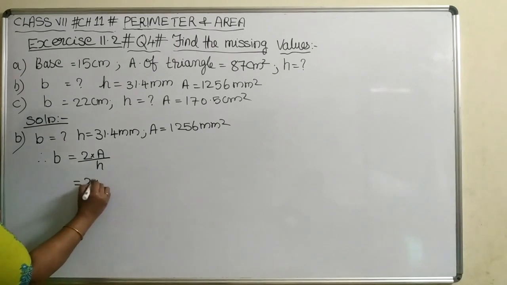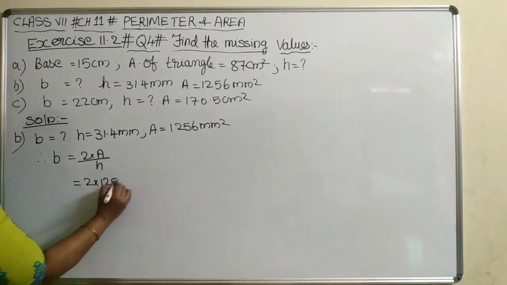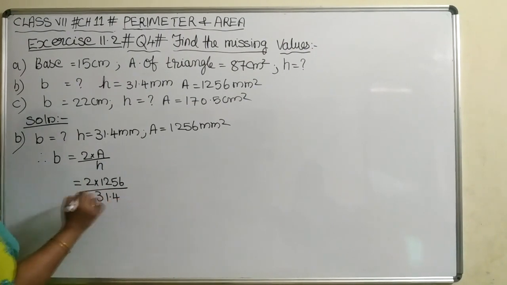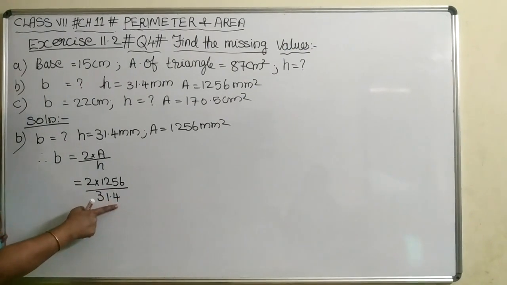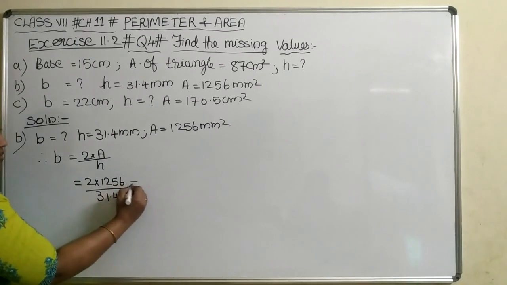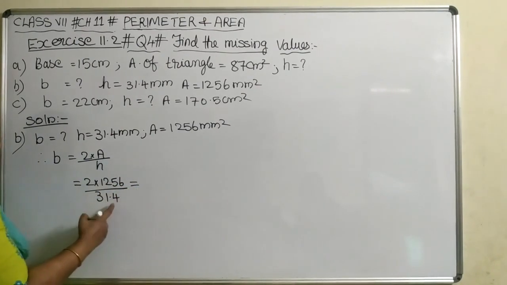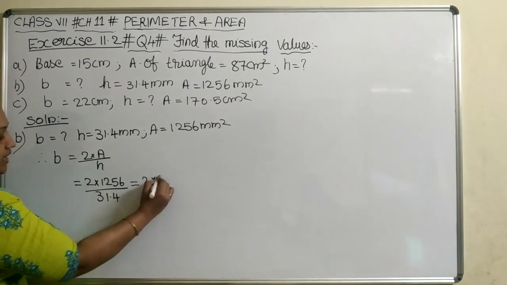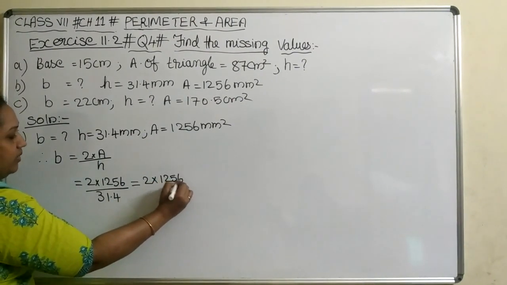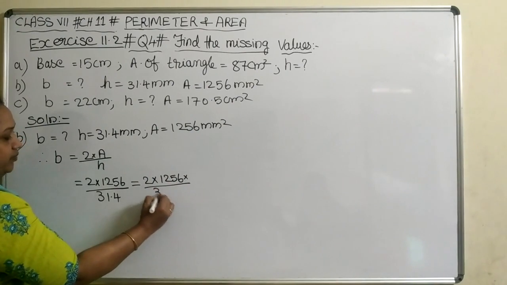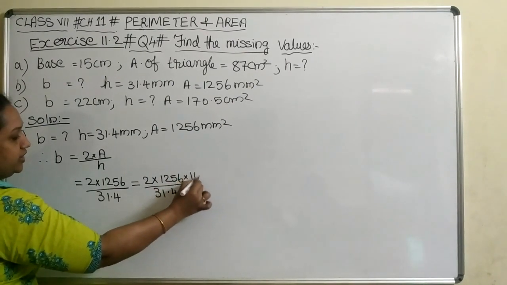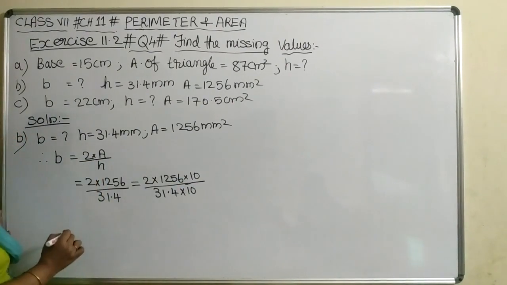So 2 into 1256 divided by 31.4. Here one decimal place is there, so we are not able to divide. So we can remove the decimal from the denominator. Both numerator and denominator must be multiplied by 10. 31.4 multiplied by 10, so in the numerator also multiplied by 10.